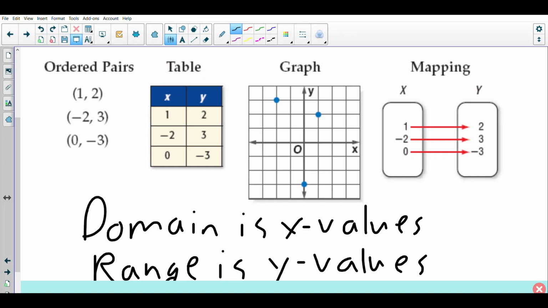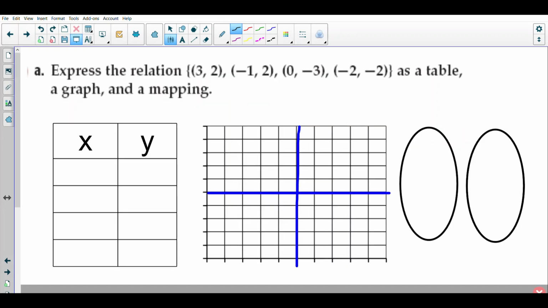So it makes it really easy for us. So when we have to answer that question, the first values are the domain and the second values are the range.